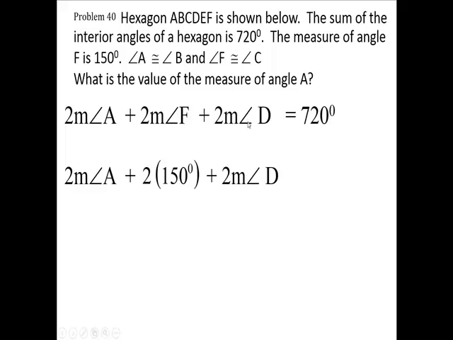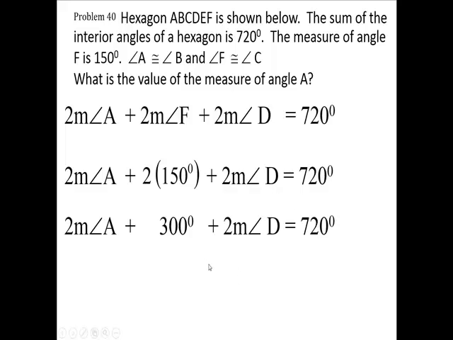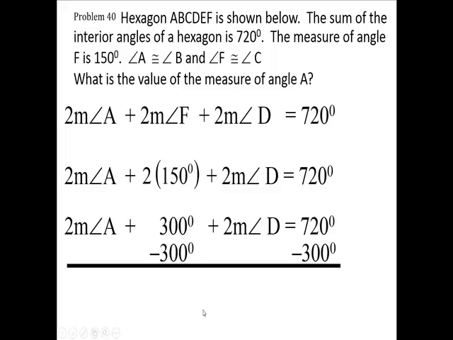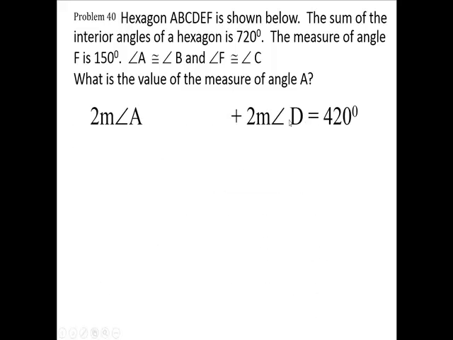Now, what is 2 times 150? 2 times 150 is 300. Now we want to subtract 300 from both sides to get rid of this 300. We have 2 A's and 2 D's, and you're getting 420 over here.